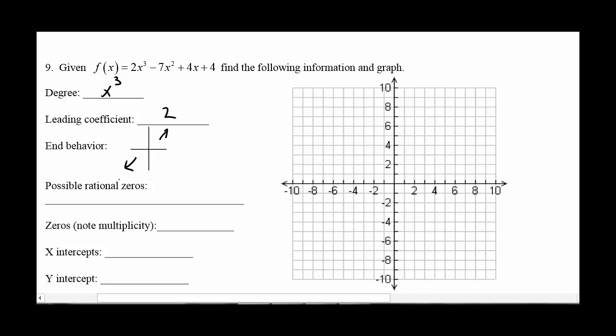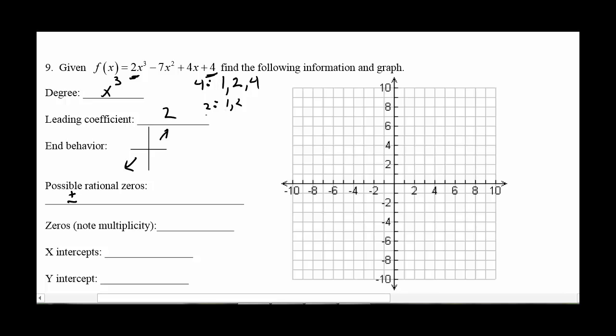Possibles we can figure out real quick. If I look at the last number and the first number. Alright, so 4 is a 1 and 4, and then 2 and 2. So 1, 2, and 4. The first number is a 2, so that's a 1 and a 2. Alright, so I'll put my little plus minus.